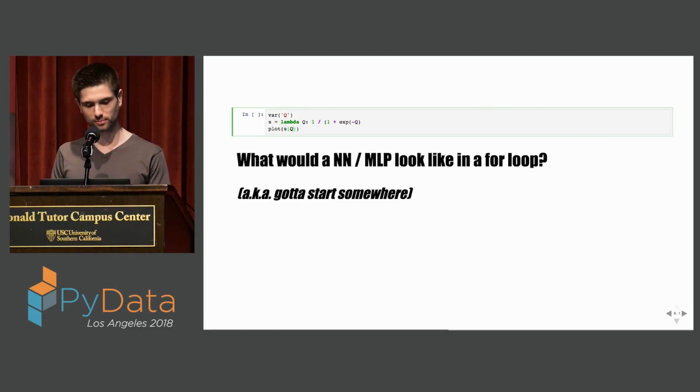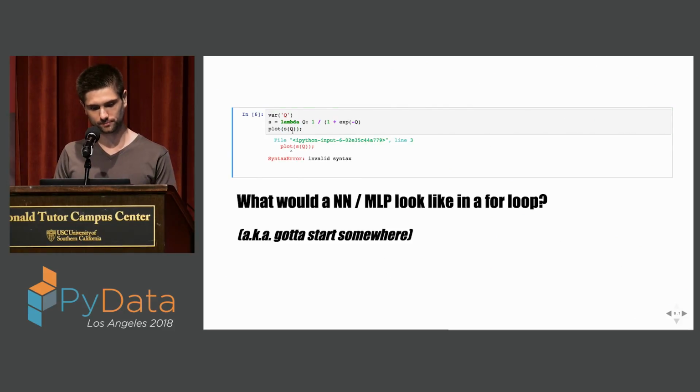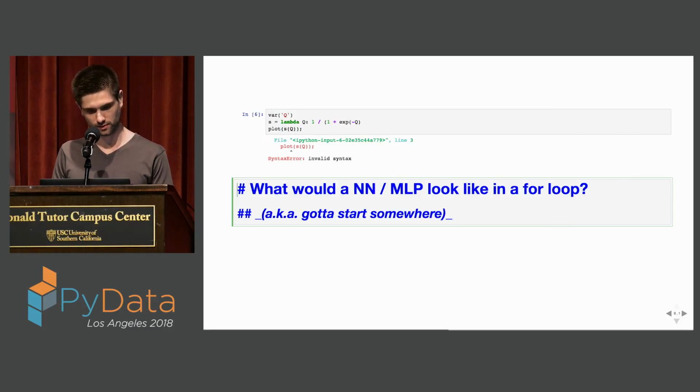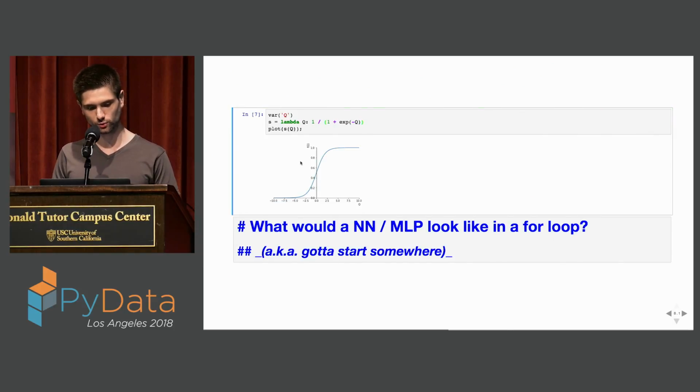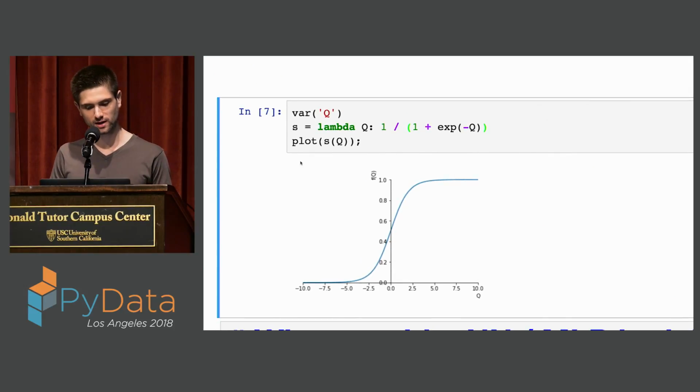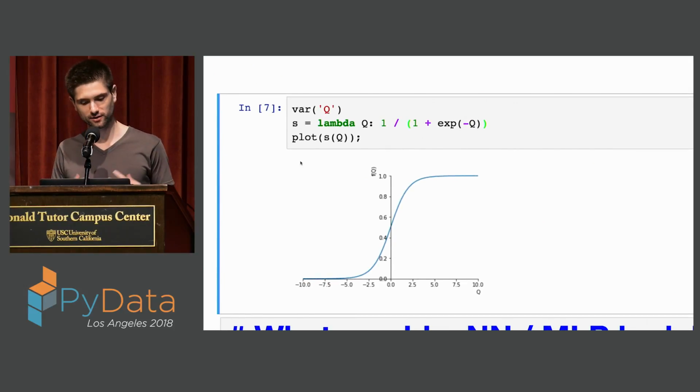And when we plot that, with a bit of luck, we'll see here is the sigmoid function. The sigmoid is a curve that goes from 0 to 1 in the output domain. So f of q here goes from 0 to 1. It's rising quickly around 0, and then it has these very flat tails off to negative and positive infinity. And we're also interested in the derivative of this function.